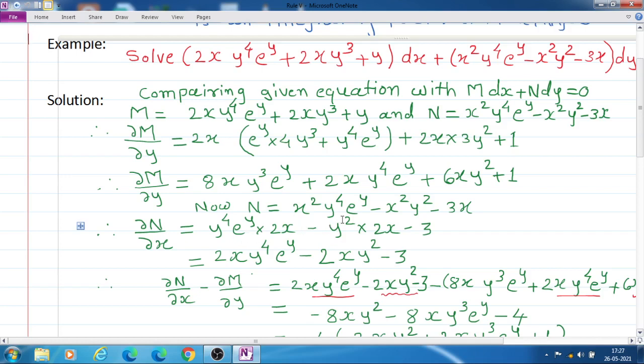Therefore y^4 e^y into the derivative of x^2, which is 2x, minus x^2 y^2, derivative with respect to x keeping y constant, therefore y^2 is constant, into the derivative of x^2, which is 2x, minus the derivative of 3x, which is 3. So this is equal to, 2 written outside, 2x y^4 e^y minus 2x y^2 minus 3. So both the values are calculated.